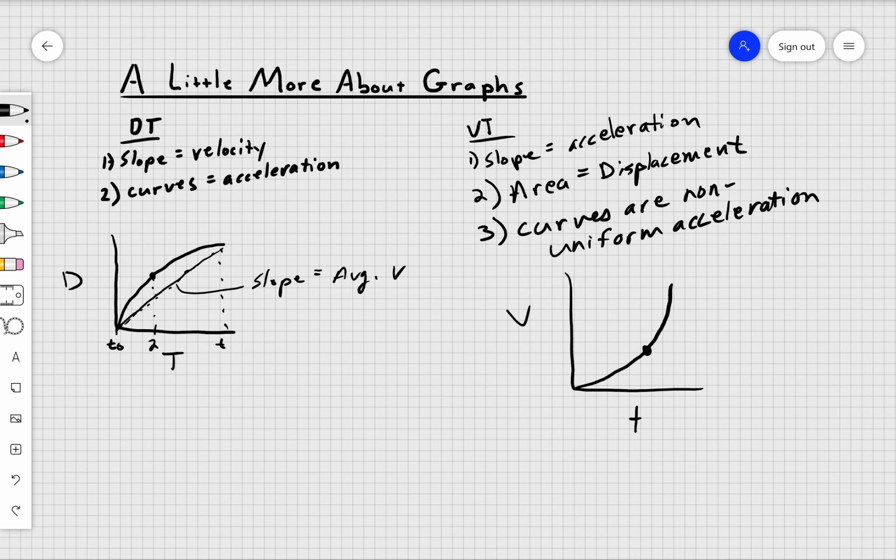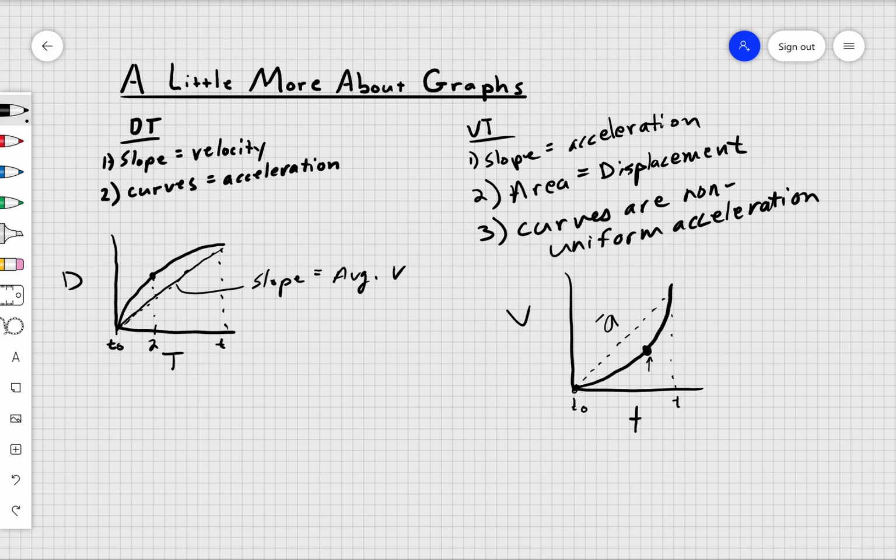But you may be asked for an average, in which case it's the same story. This would be the average acceleration, that dotted line there from your t0 to t naught. We might be asked that, but we wouldn't be asked what is the acceleration at this point in time? That one's a derivative, and we won't be doing that.